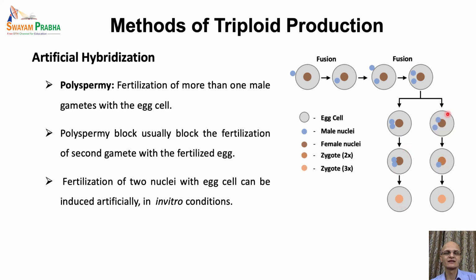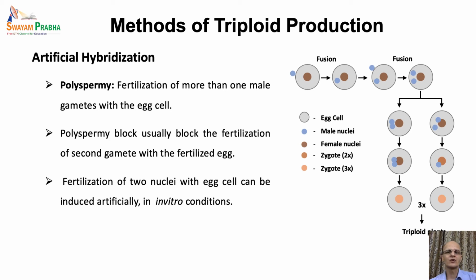Alternatively, one male nucleus can first fuse with the egg nucleus, thereby generating a diploid zygote. However, this is followed immediately by the fusion of the second male nucleus, which results in a zygote with three chromosome sets, that is, it is triploid, its ploidy is 3x, and this further develops into a triploid plant.